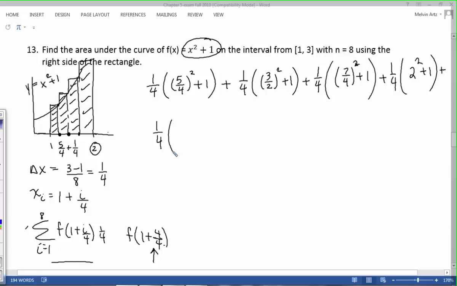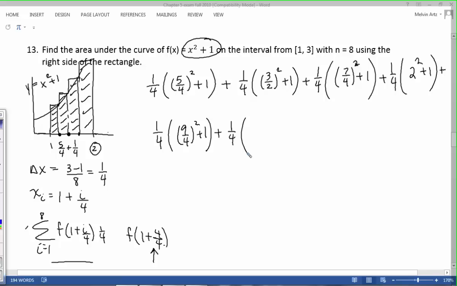So we'd have 1 plus 5/4, which is 9/4. So we would have 9/4 squared plus 1. The next rectangle, the 6th rectangle, we'd have 1 plus 6/4.